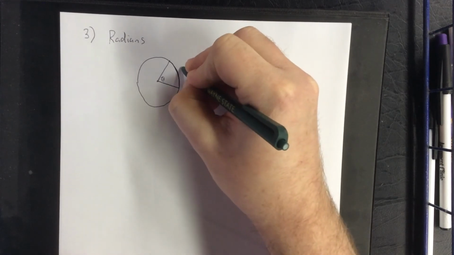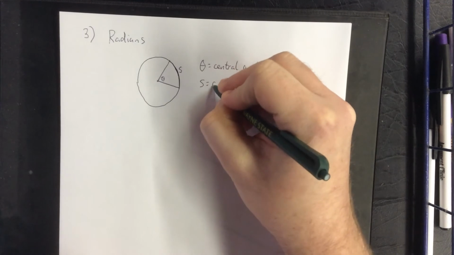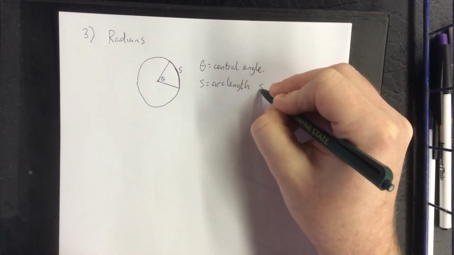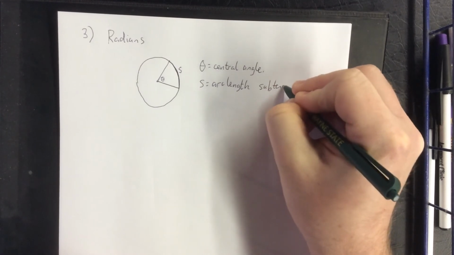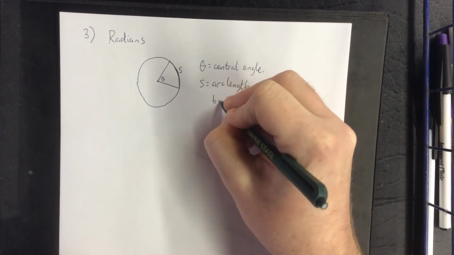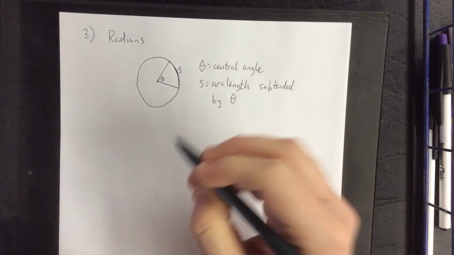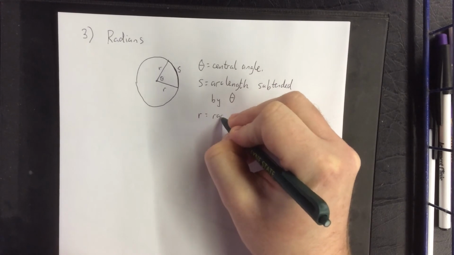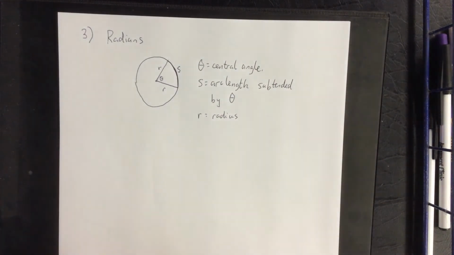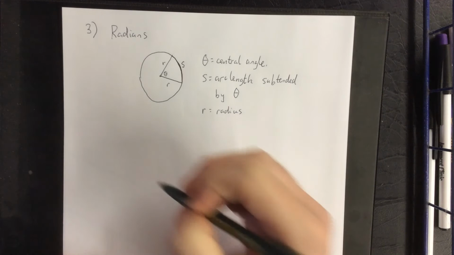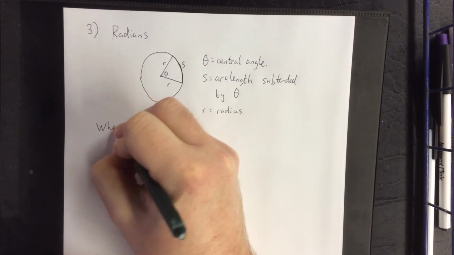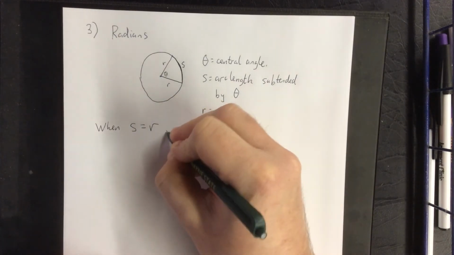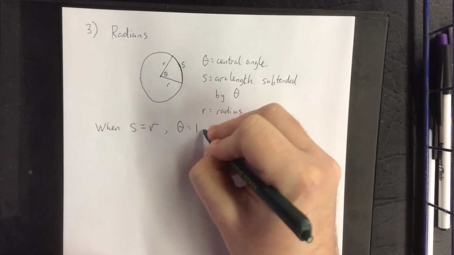We're going to use S to represent arc length subtended by theta. And because it's a circle, we'll also use R to represent the radius of the circle. So the definition of a radian is to say when the arc length subtended matches the size of the radius, theta is defined to be 1 radian.